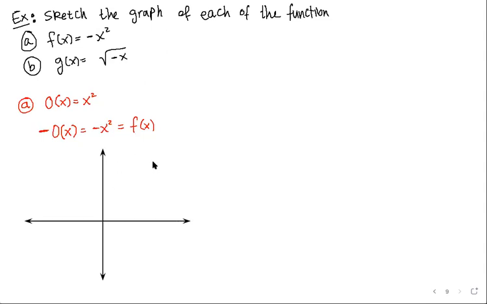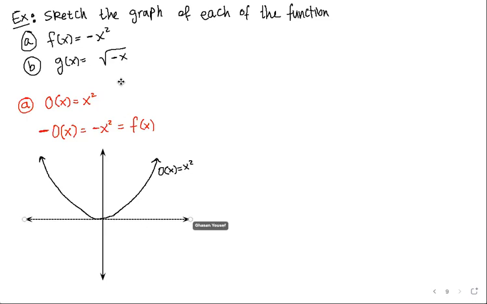So this is my original function here, x squared. Now, drawing f of x equals minus x squared, this means we have to reflect this one around the x-axis.